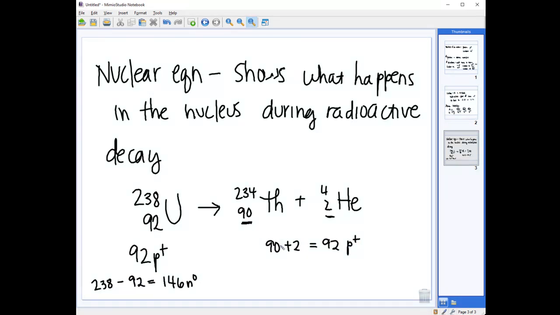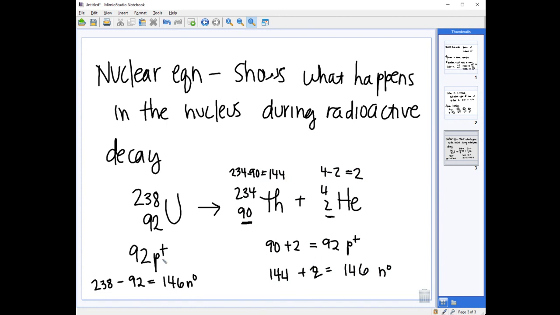In thorium, we subtract: 234 minus 90 gives us 144 neutrons, plus the 2 neutrons in helium, since 4 minus 2 gives us 2. So 144 plus 2, we have 146 neutrons.